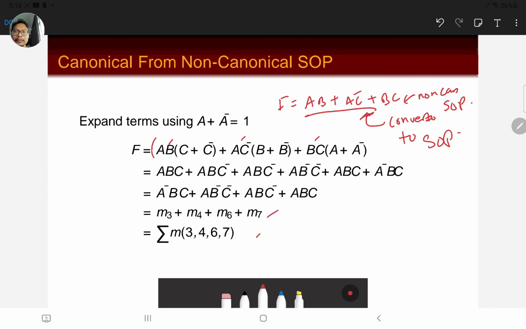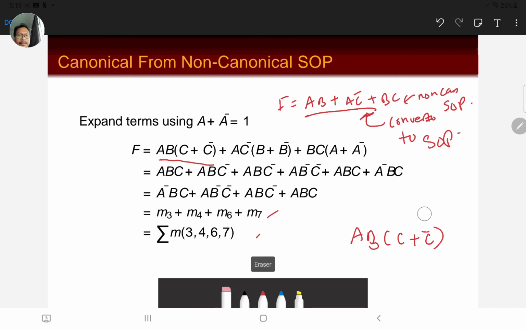What you do is multiply each of the product terms that is not canonical by the variable that is not there. For example, if I take A B, we know there are 3 inputs, A, B, and C. So we multiply with C plus C bar, and remember this is actually equal to 1.